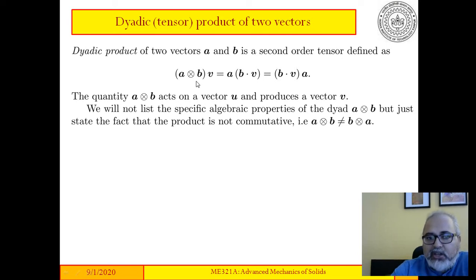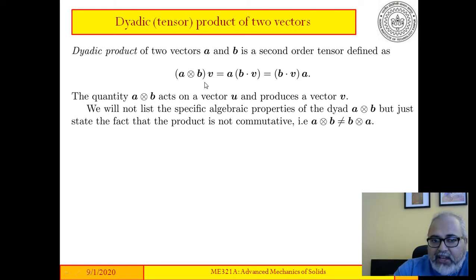The definition of a dyadic product of two vectors is that it acts on another vector according to the rule given here. So a dyadic b is a quantity which acts on v to give you b dot v, which is a scalar, times a, which is a vector. So the dyadic product acts on this vector v to give you another vector which is a scaled by b dot v.